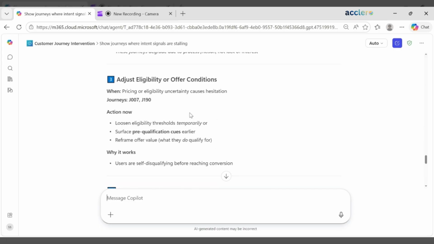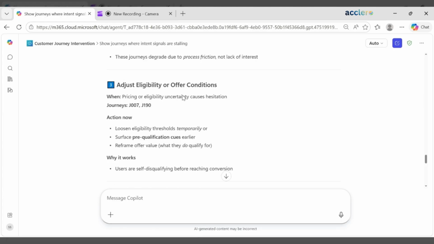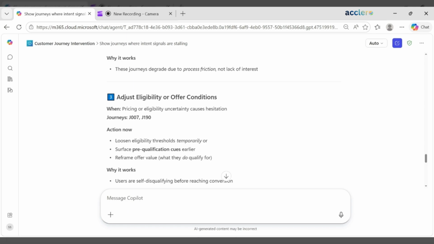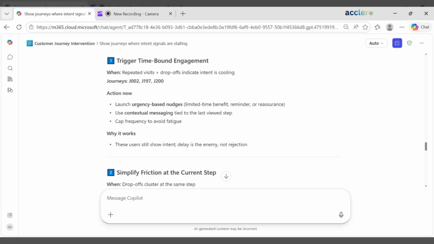It is divided into three parts. For time-bound engagement, the journeys like J002, J197 and J200, the users abandon and return. Here the users are stuck at the pricing or checkout. So the recommendation is to simplify the experience, reducing the steps or improving the clarity.